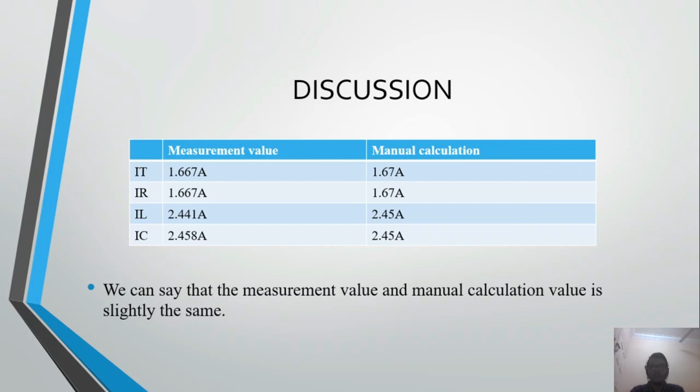While in manual calculation we get 1.67 ampere for IT, 1.67 ampere for IR, 2.45 ampere for IL, and lastly 2.45 ampere for IC. So we can say that the measurement value and the manual calculation value are slightly the same.